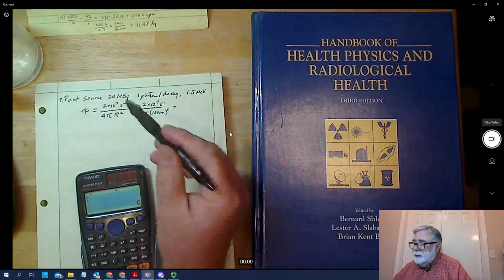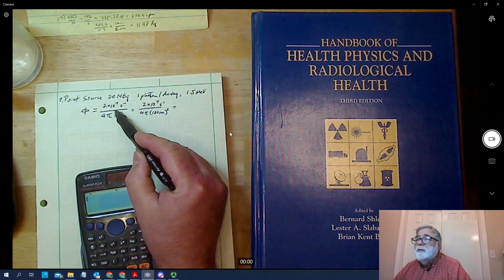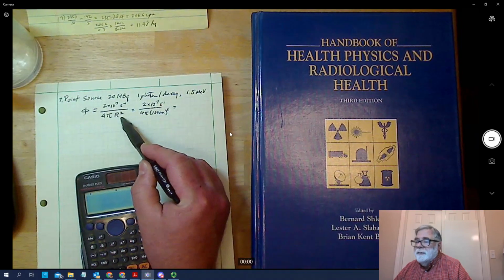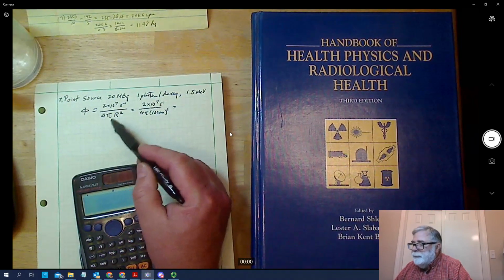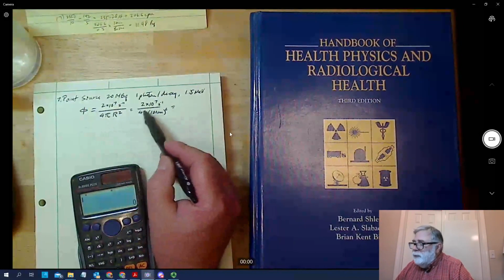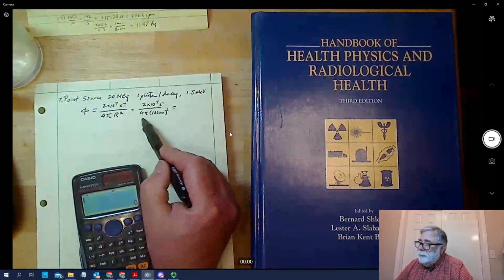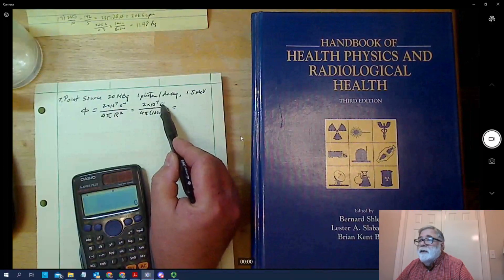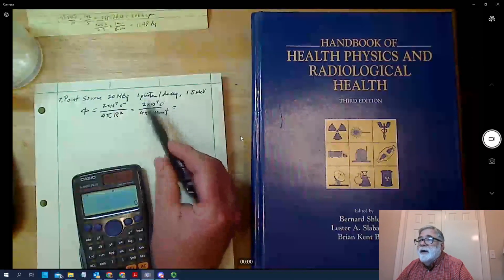As I said, we had 20 megabecquerels, 2 times 10 to the 7th per second. 4 pi r squared is the solid angle for all the way around a point source. So 2 times 10 to the 7th, 4 pi, it's 100 centimeters squared. That will give us units of per square centimeter per second.